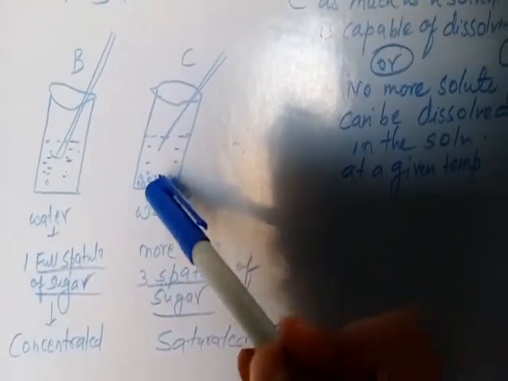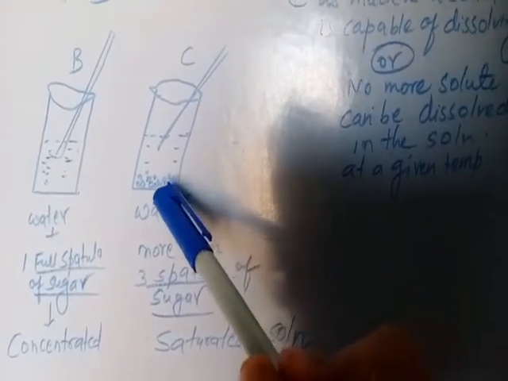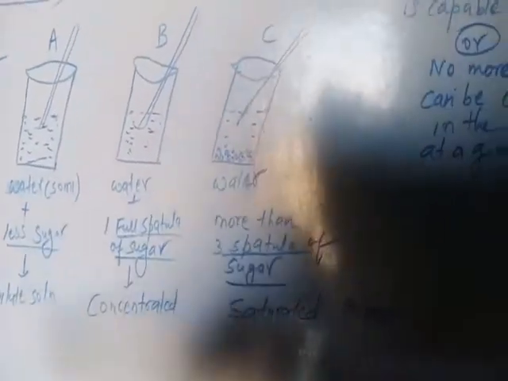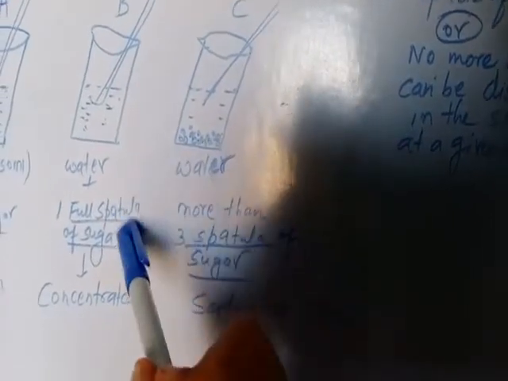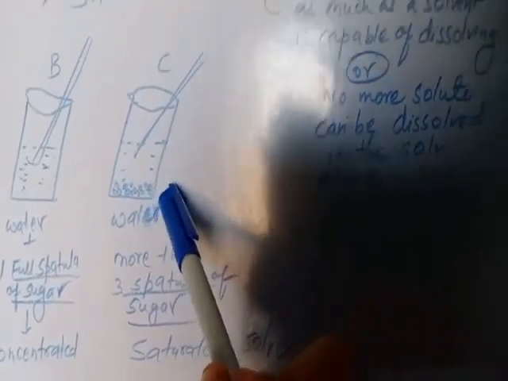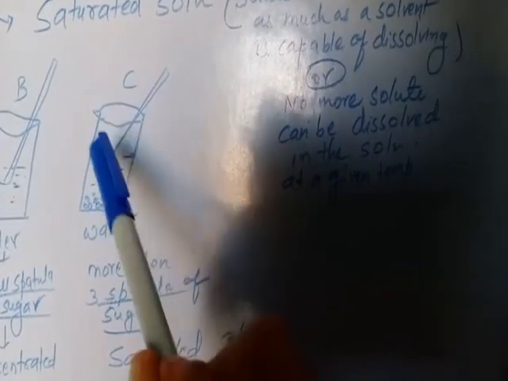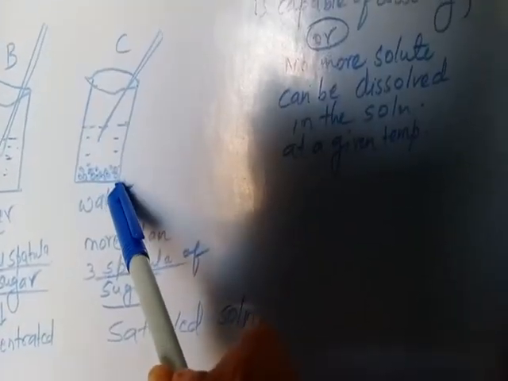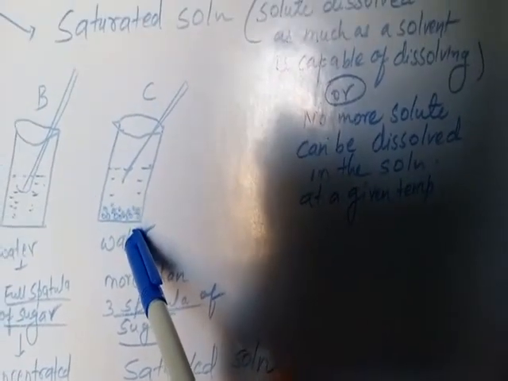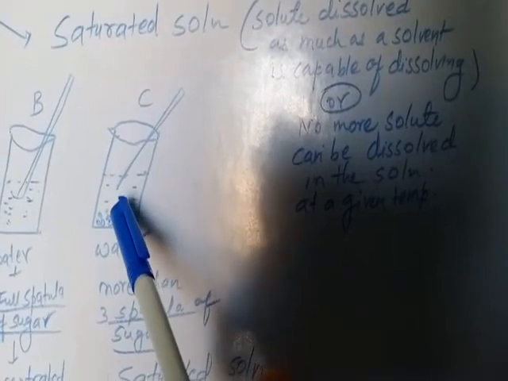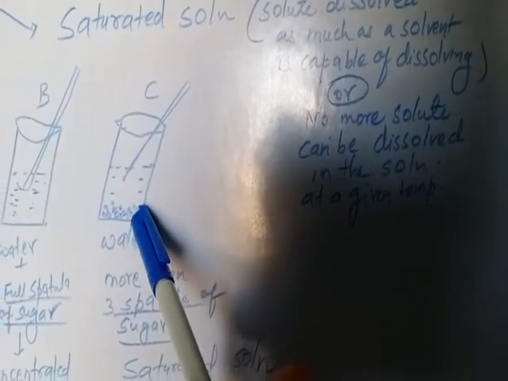I think you would have understood now what is the difference between a saturated solution, a concentrated solution and a dilute solution. So you should understand that a saturated solution is a solution where no more solute can be dissolved at a given temperature, because now the solvent is not capable of dissolving any more sugar particles in it.